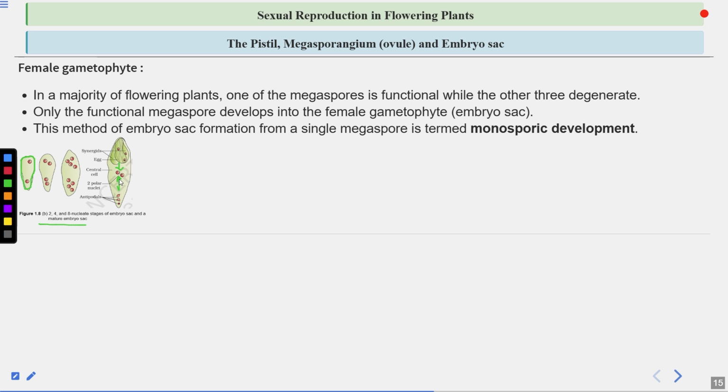Now, at the micropylar end, there is one egg cell, and on both sides they have the synergid cells. So the two synergid cells and one egg cell together are called the egg apparatus.